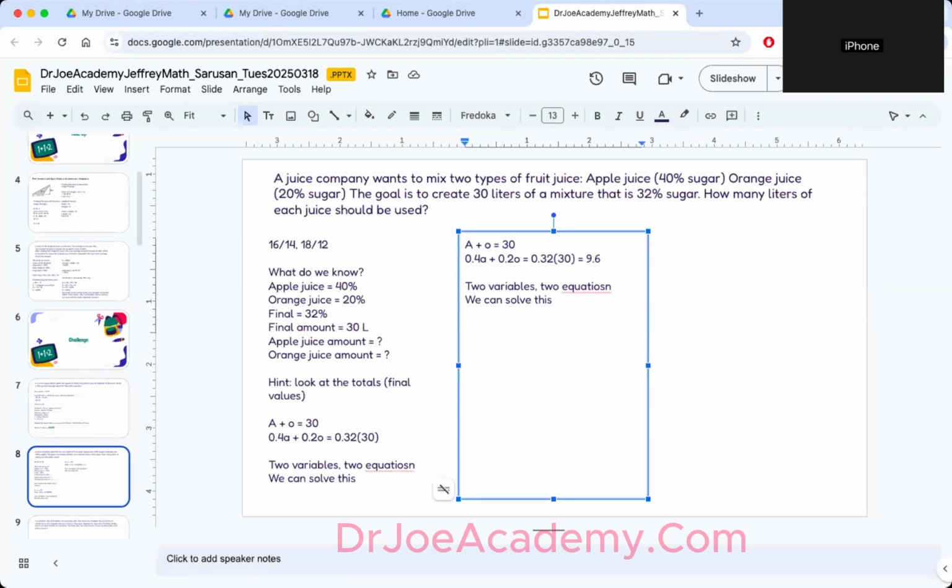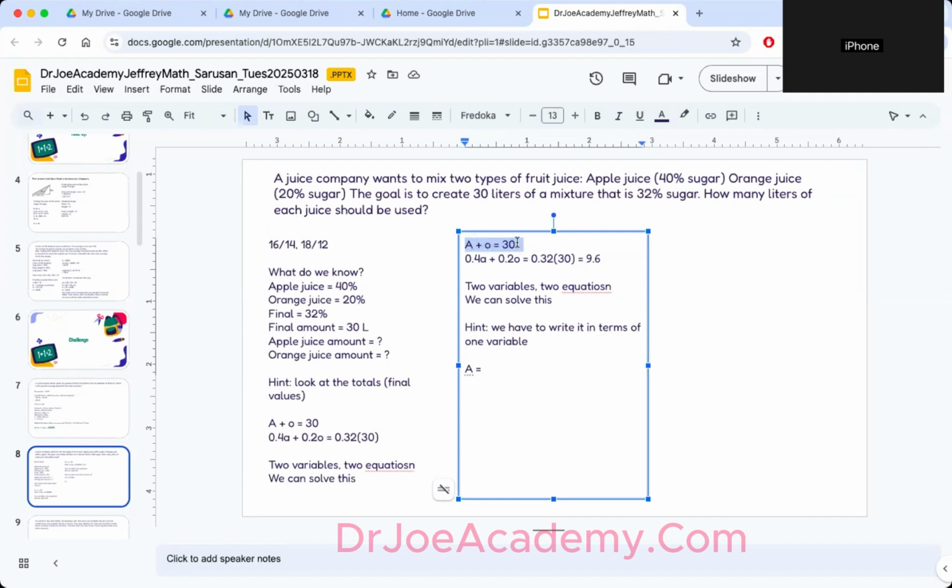So when we have two equations and two variables, we have to write it in terms of one variable. So let's choose a variable here. I'll just choose A. I'm working with this highlighted equation here.